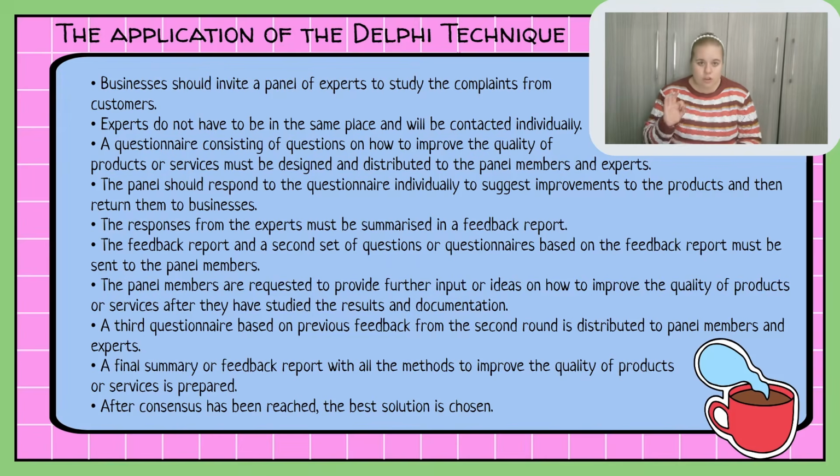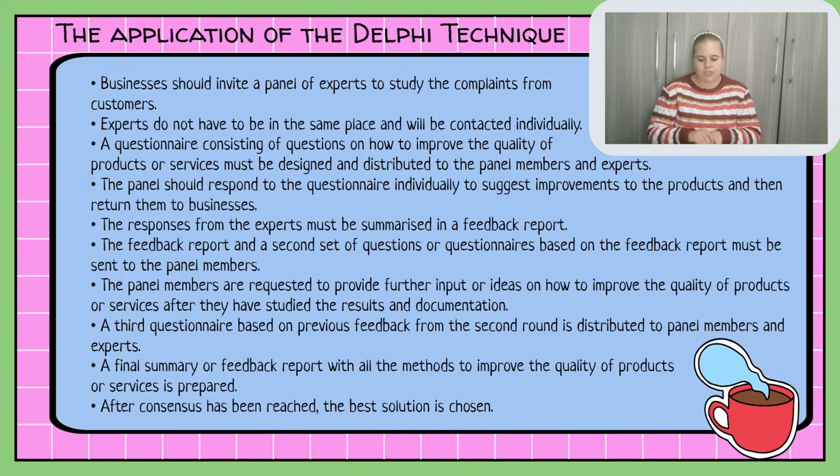Then a third questionnaire based on the previous feedback from the second round is distributed to panel members and experts. Once that's done, a final summary and a feedback report with the methods to improve quality of product or services is prepared. After the consensus has been reached, the best solution will be chosen.